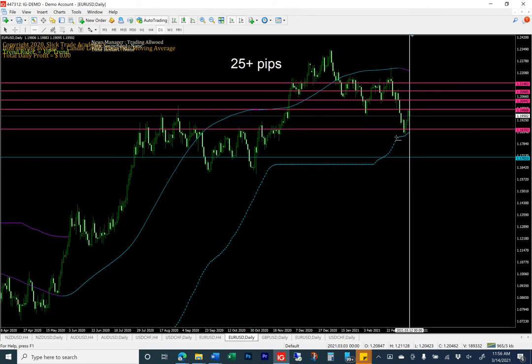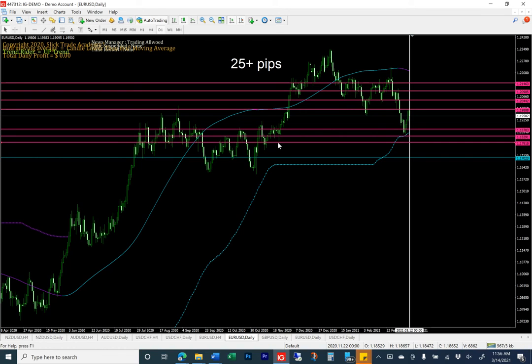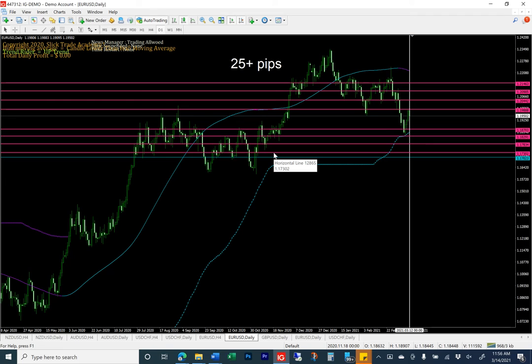If it breaks to the downside, this would be our take profit 1.18291, then 1.17834, then 1.17302.